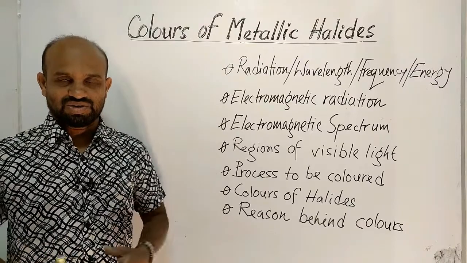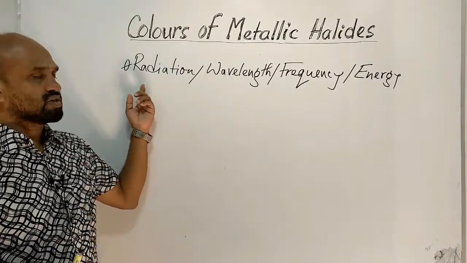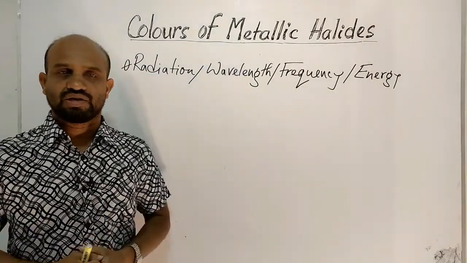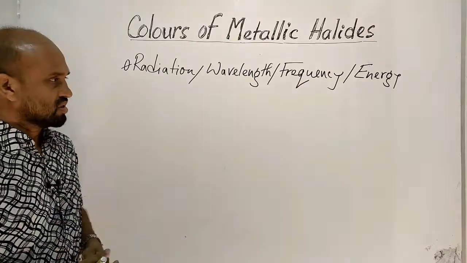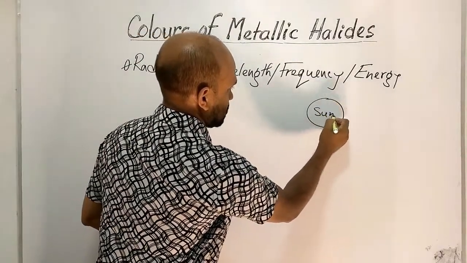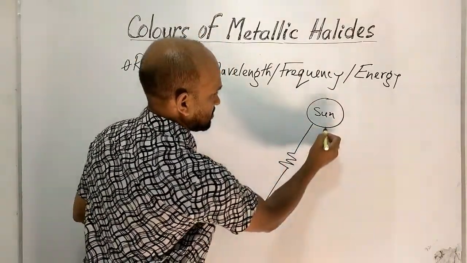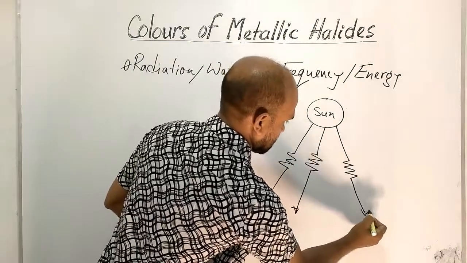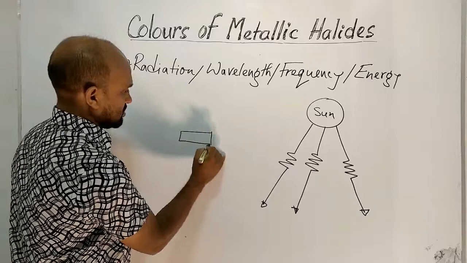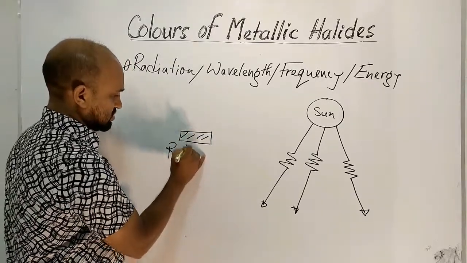So let's begin. The very first point is radiation, wavelength, frequency and energy of radiation. Let's consider this is sun, which produces rays, and another substance, suppose a radioactive substance.